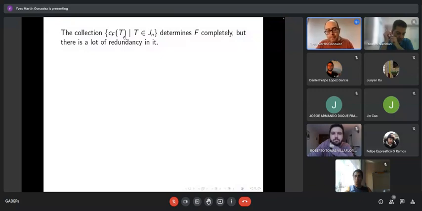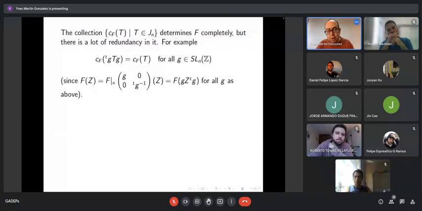So, for example, you can take the coefficient of F at T and also at the matrix G transpose T G, and the coefficients are the same. So for all G, a matrix in SL_n(Z), you can take the conjugate of T by this action, and the coefficients are the same.